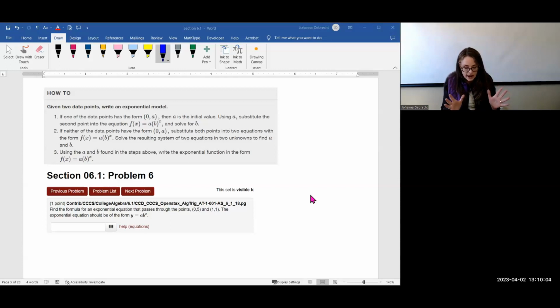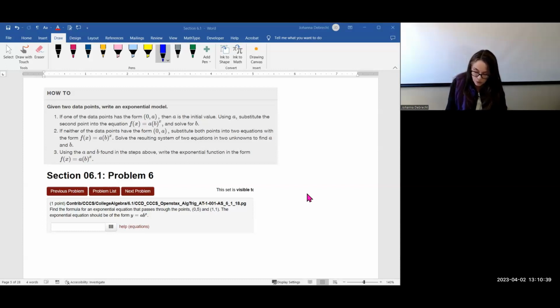If you don't have that, then you're going to have to write 2 different exponential equations using the ordered pairs for each one, where the x value is the power and the y value is coming out to be the result, because it's f of x equals a b to the x, and f of x represents y. And then you have 2 equations and 2 unknowns, so you can solve the system. Let's demonstrate this method now using this problem right here.